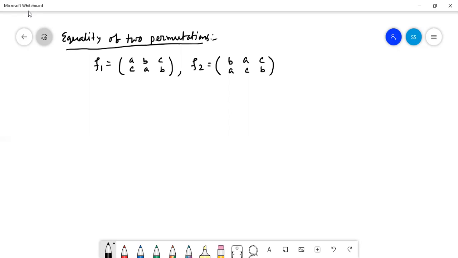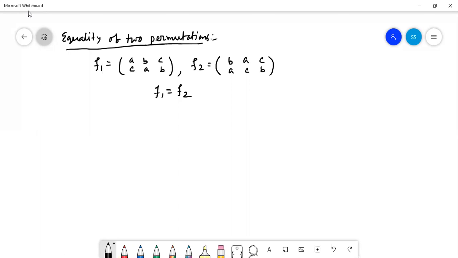Look at these permutations: in f1, a maps into c, b maps into a, c maps into b. In f2, b maps into a, here also b maps into a. Here a maps into c, here also a maps into c. Here c maps into b, here c maps into b. So we can say that these two permutations are equal. Both are permutations of degree 3.